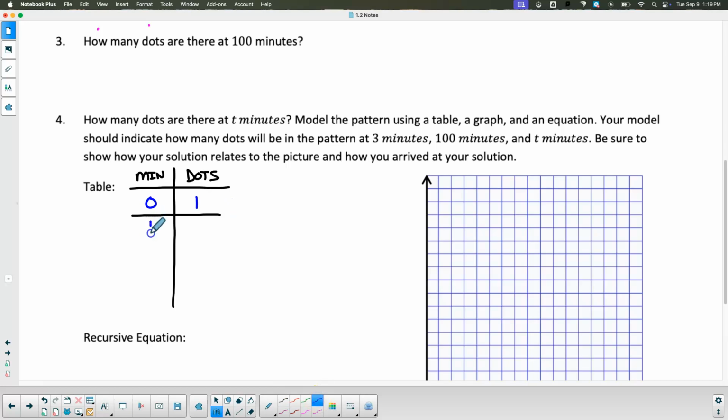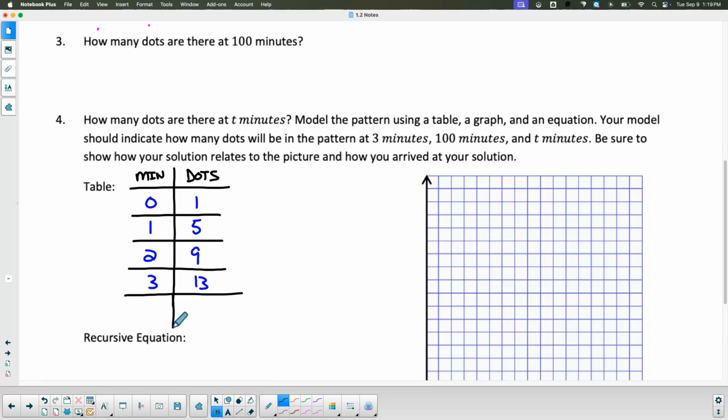At 1 minute, we had 5 dots. At 2 minutes, we had 9 dots. At 3 minutes, we had 13 dots, and so on and so forth. Then at 4 minutes, we had 17 dots.